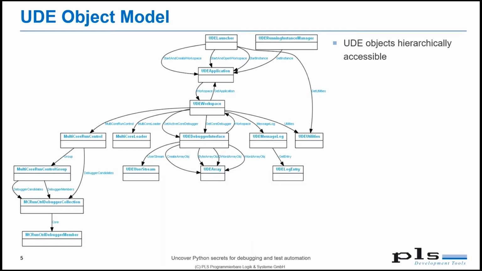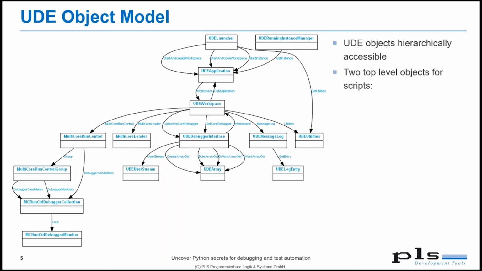As you can see here in this picture, the objects are hierarchically accessible. We start from a top-level object, and each object, the top level and also the subsequent objects, provide properties and functions to obtain the next lower objects in that hierarchy.